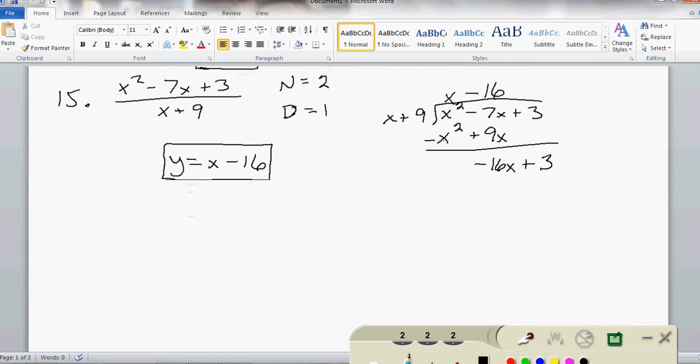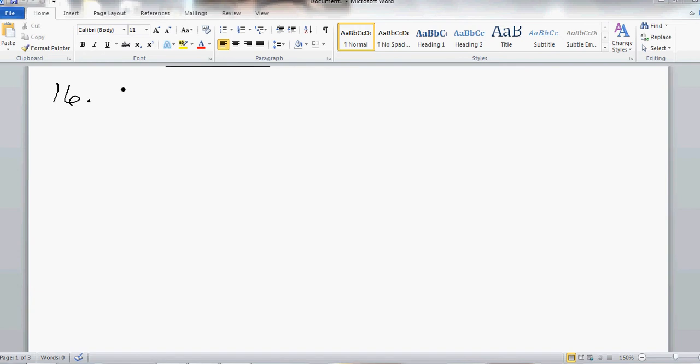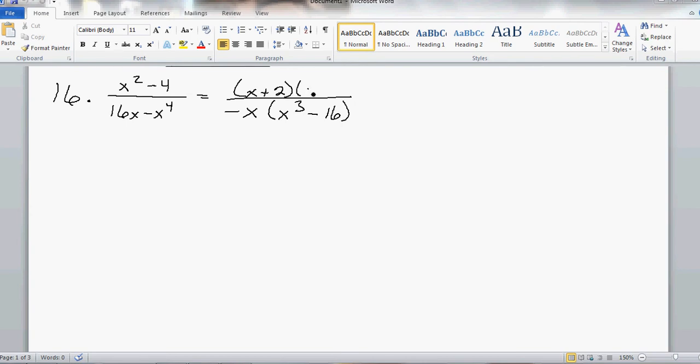So now if we look at number 16, we have x squared minus 4 over 16x minus x to the 4th. Okay, let's see what we can do here. I can pull out a negative x down here and leave x cubed minus 16, then I can factor up here x plus 2 and x minus 2.